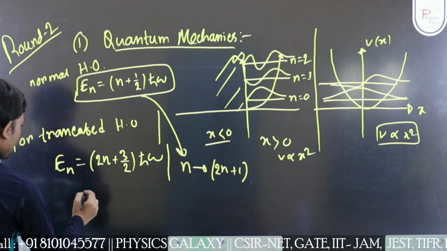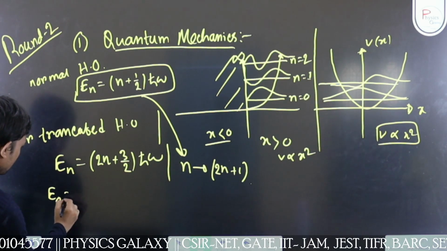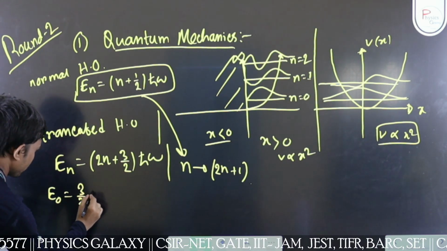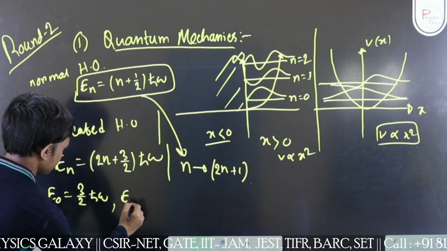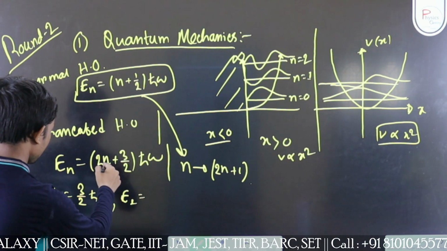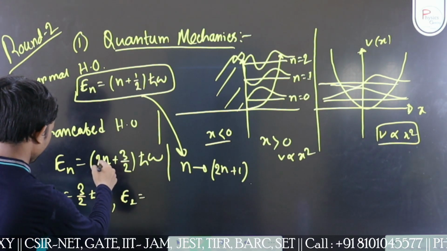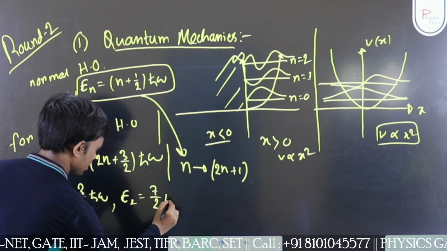Okay, and the ground state energy will be 3 by 2 h cut omega, and for the first state, for n is equal to 1, it will be 7 by 2 h cut omega.